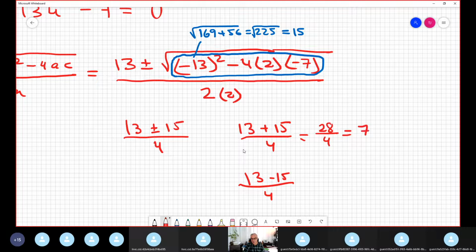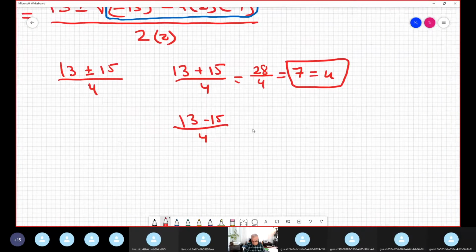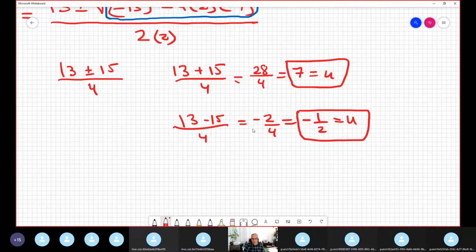And remember, this is not the answer. This is a u value, my first u value. And this is negative 2 over 4, negative 1/2 when you reduce to lowest terms. You have two values of u. I restore the black color.